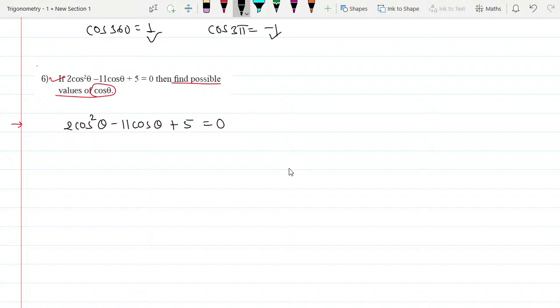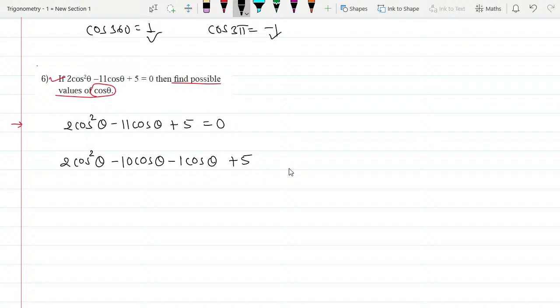So in the middle term I should have 10. So 2 cos square theta minus 11 cos theta can be written as minus 10 cos theta minus 1 cos theta plus 5. See, I have divided this 11 cos theta into 10 cos theta and 1 cos theta.